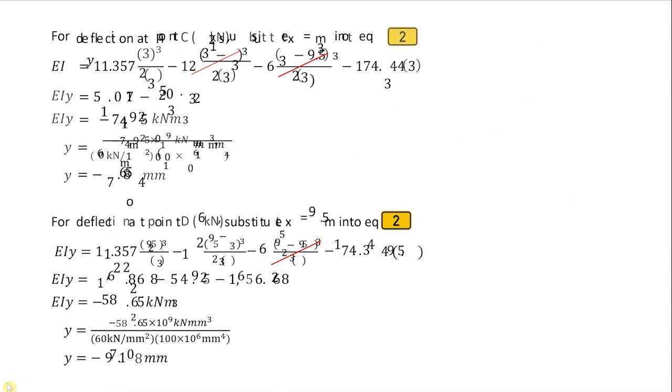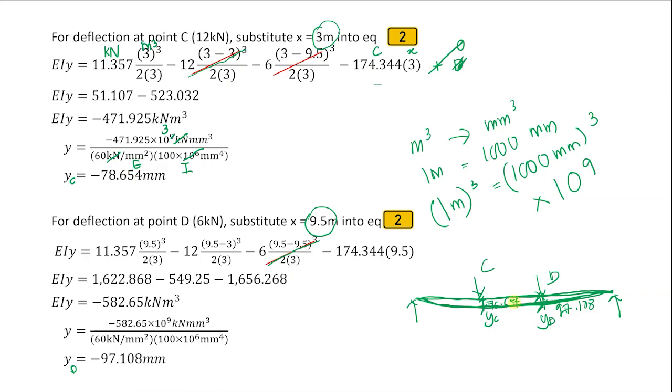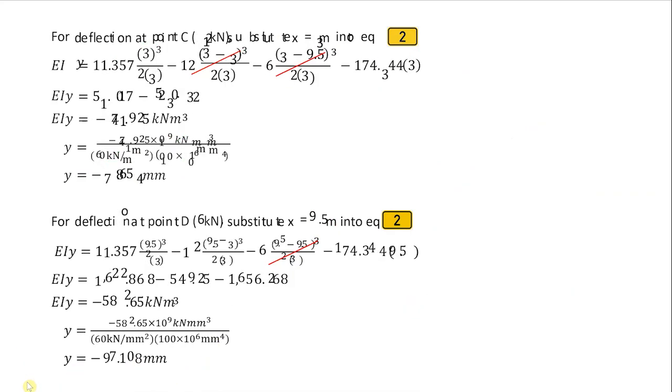So perhaps Y maximum tu happen dekat point dekat tengah ni lah. Okay, sebab ini 6 point bla bla bla tadi yang Y maximum punya happen tu kat sini 3 meter kan. Okay. Kat sini ni sampai sini adalah 9.5. So dia mungkin happen dekat sini Y max which is dah 100 lebih dah dia punya deflection. So itu yang kita dapat. Right?